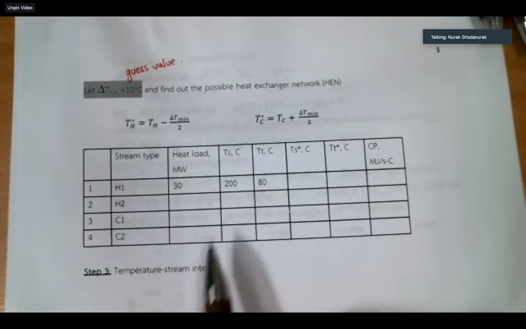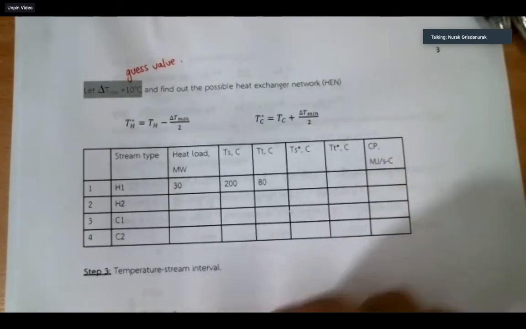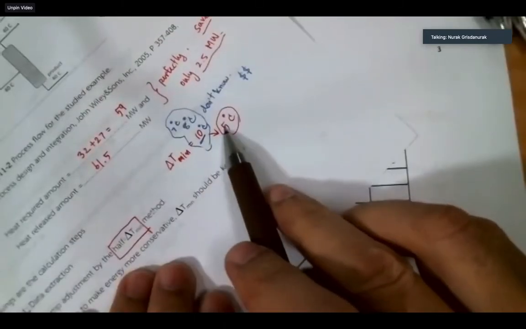Okay, so now, how can I deal with the less? For the hot stream, you have to subtract by 5.